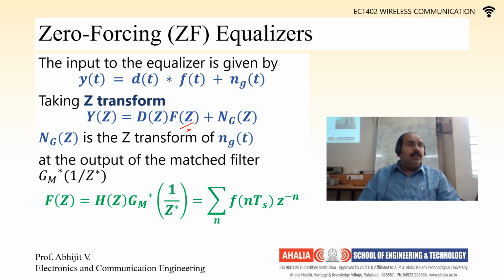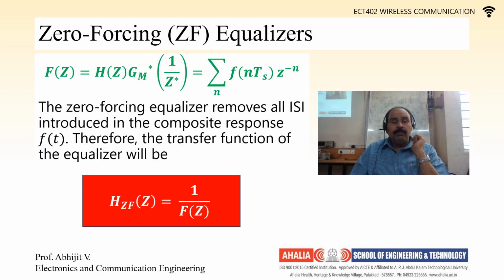Our objective is to find out Heq of z, right? What is Heq of z? The equalizer transfer function. So this is the input to the equalizer, and f of z we have written. The zero forcing equalizer now removes all the inter-symbol interference introduced in the composite f of t. So we need to have a transfer function called ZF.